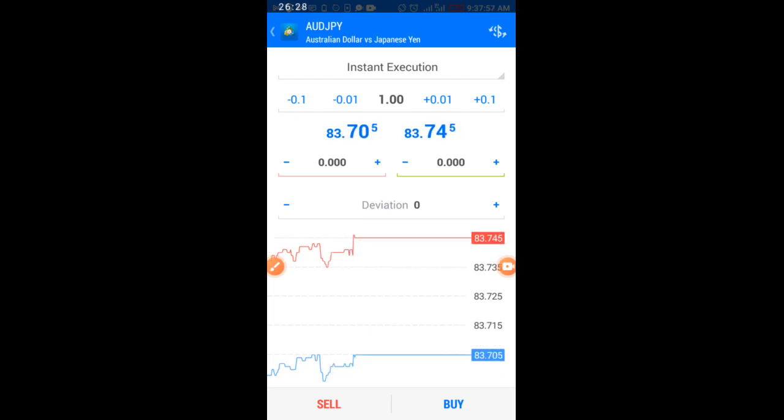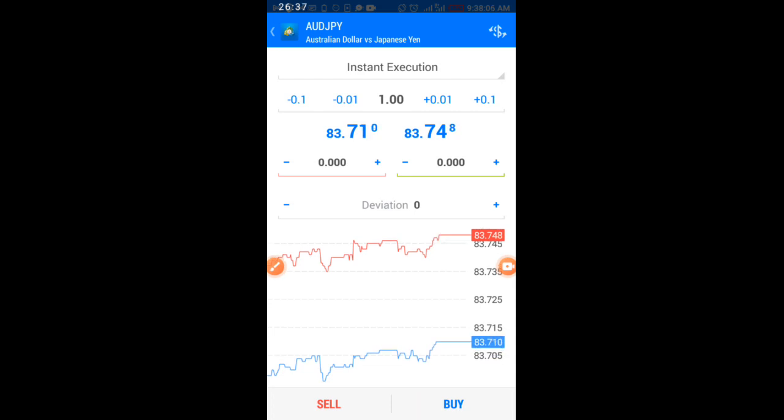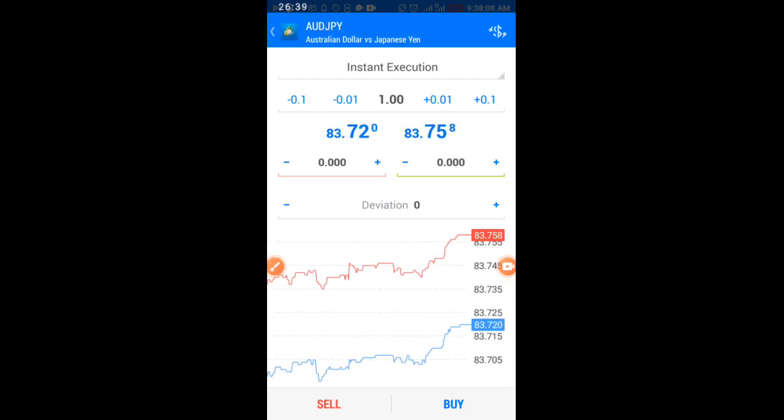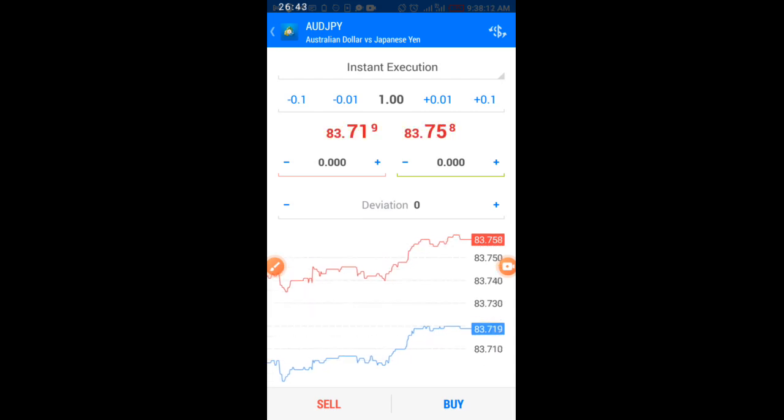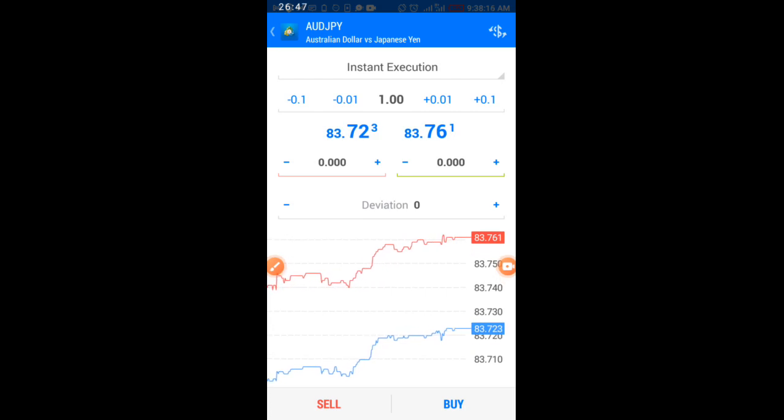So if I click on sell, it means I'm selling at 83.706. But you can see that it's moving. It's not static. So let's say I want to sell at 83.720. Once I click sell, you can see that it has moved.